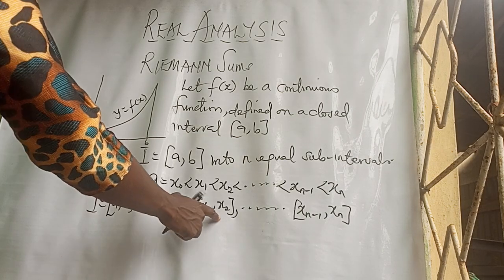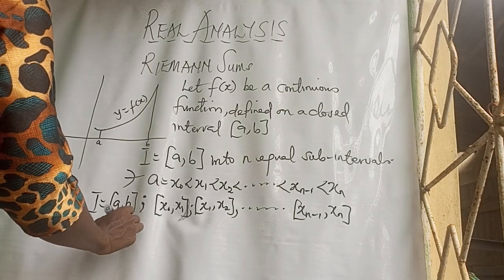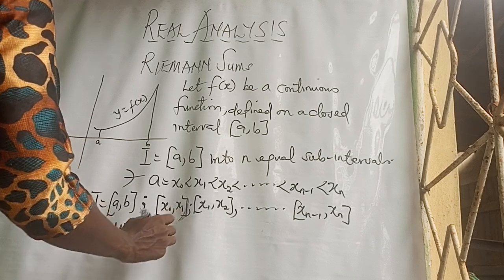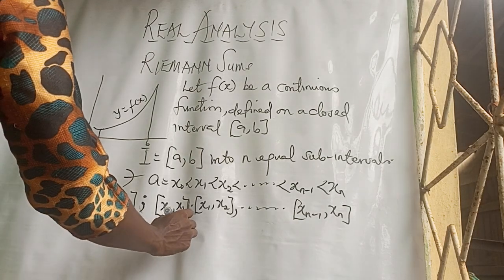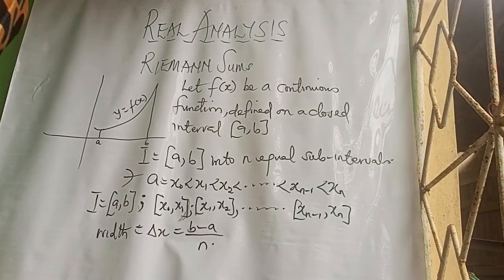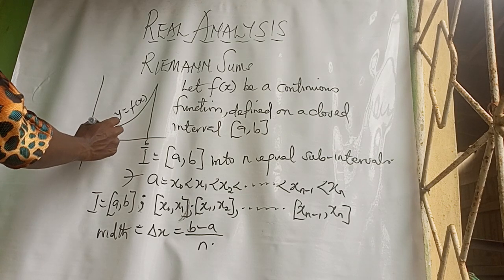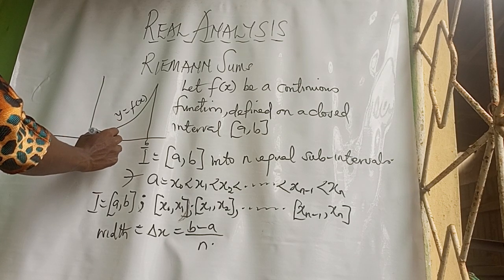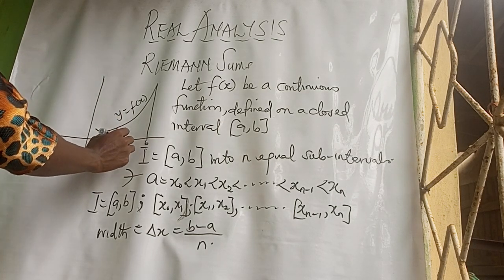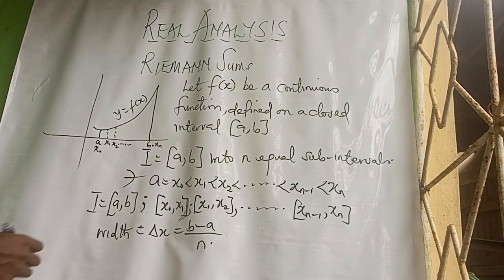The width of each subinterval, which we'll call our delta x, can be gotten as b minus a over n. That's the width of each subinterval. That's our x naught, as we can see on the graph. That's x1, x2, down to our b, which is the xn.